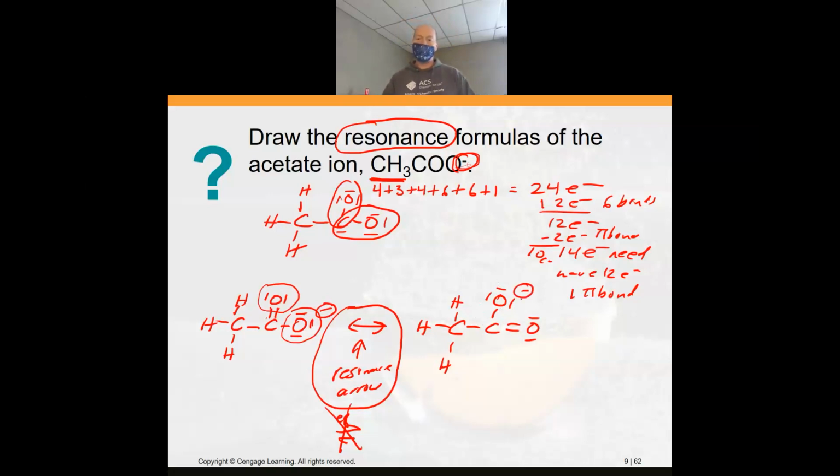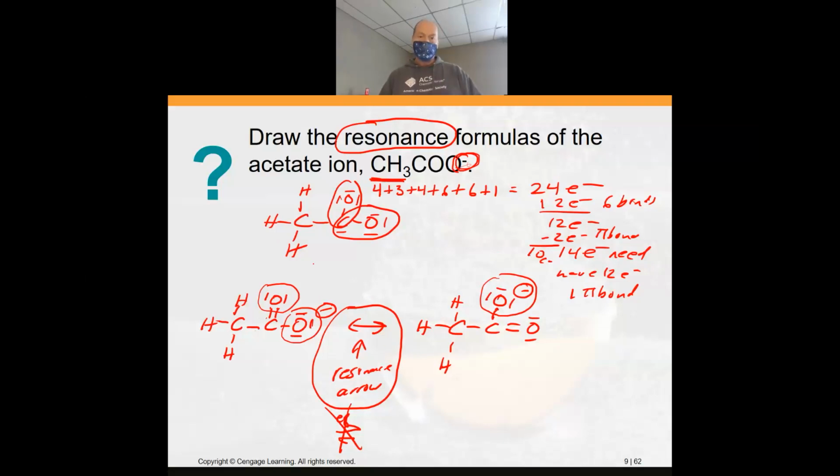This is the oxygen that has the negative formal charge. So oxygen should have brought in 6 electrons, and these oxygens that have a single bond brought in 7 electrons. 6 electrons as your non-bonding electrons, and 1 electron to bond with the carbon here. All right, and so that is your 2 resonance structures.